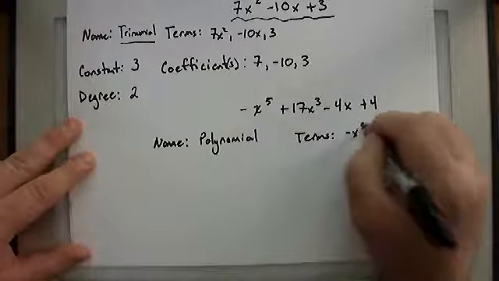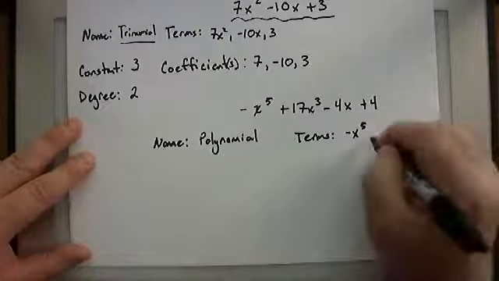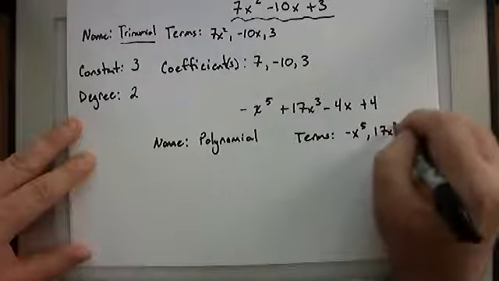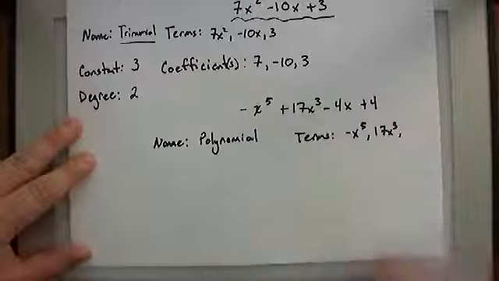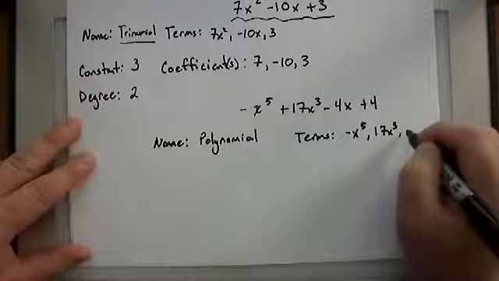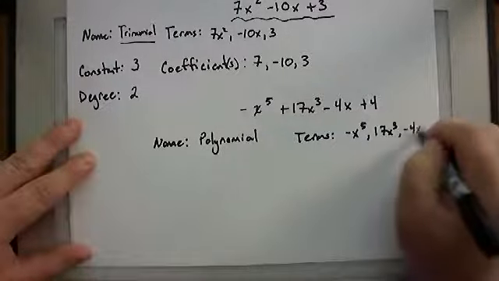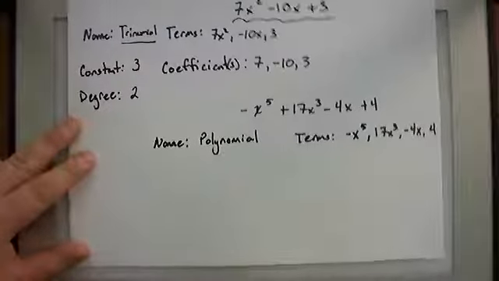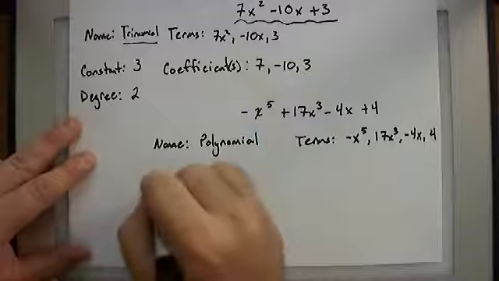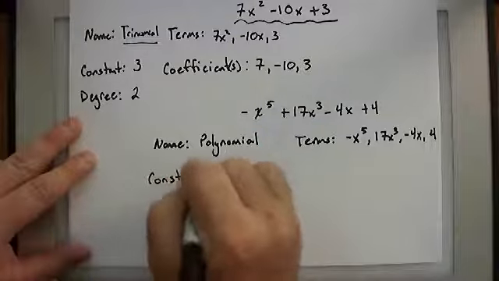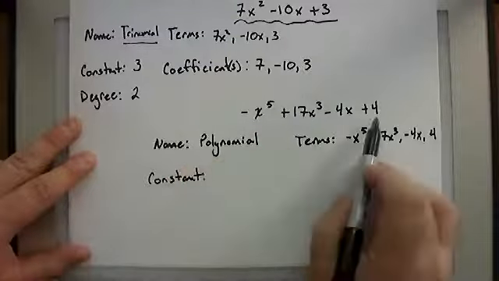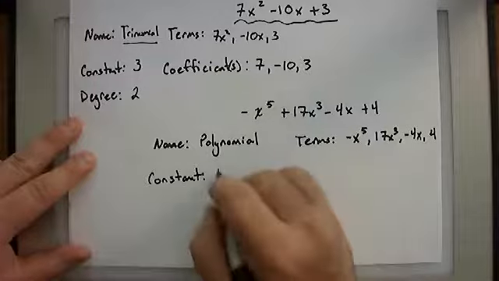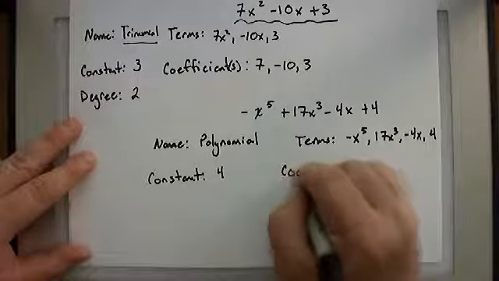The terms, if you were asked to list them out, are the 4 things you counted. Negative x to the 5th is the first term. I'm not putting pluses and minuses between them because that would just be rewriting the polynomial. I'm listing them, right? 17x to the 3rd, negative 4x, and 4. Those are your 4 pieces to make your polynomial. The constant is the piece with no variable on it, which in this case would be 4. The coefficients in order, right?